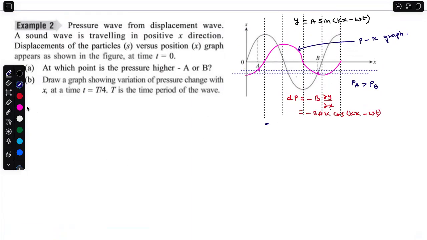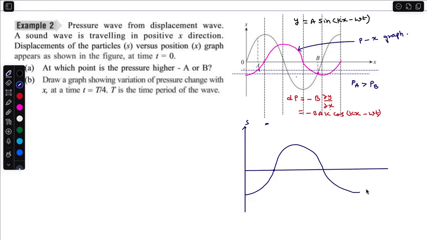I repeat, simply draw the graphs back, which means after T/4 seconds, your displacement graph is the same as this.